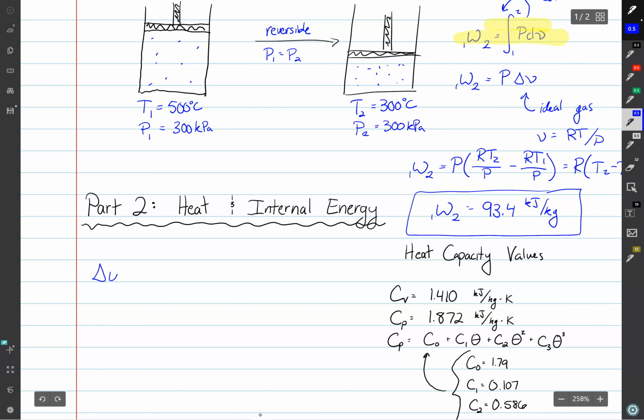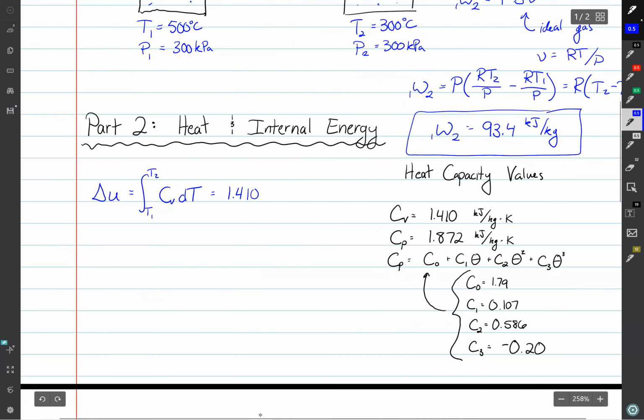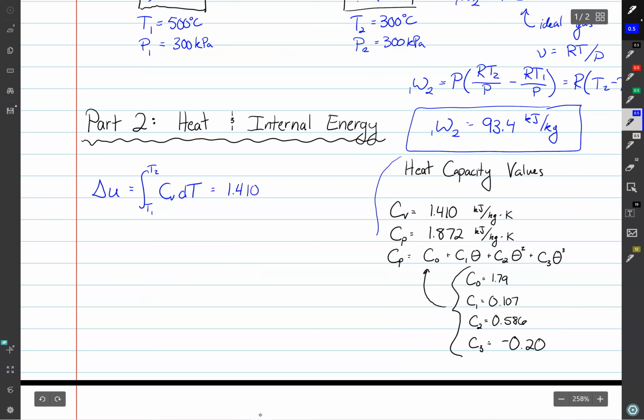The volume is changing, but we use Cv for finding U. So that equals, if we're using constant Cv, that's 1.410. Again, I looked these up before.